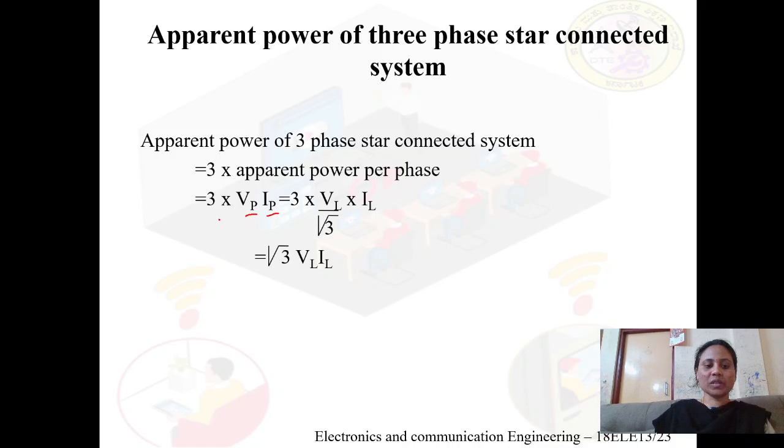So multiplying this by 3, we will get the apparent power of the three-phase system. That is, apparent power in each phase is Vp times Ip, and times 3 gives the total apparent power of the three-phase system. Again, replacing Vp with VL by root 3 and Ip as IL, we will represent apparent power as root 3 times VL IL.